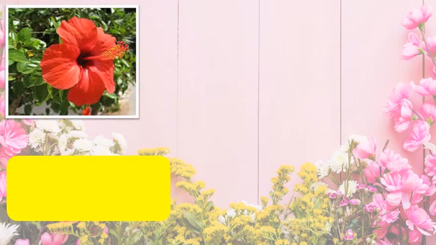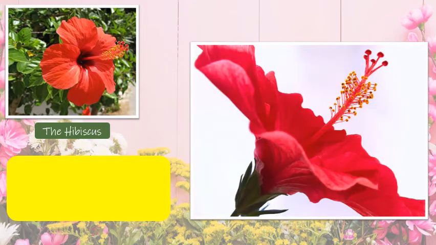So to do this and to understand better the job of the flower, we should look closer at the flower parts. Okay, I'm going to use this beautiful flower, which is the hibiscus flower, and we're going to name together its parts. You can clearly see some parts of the flower.